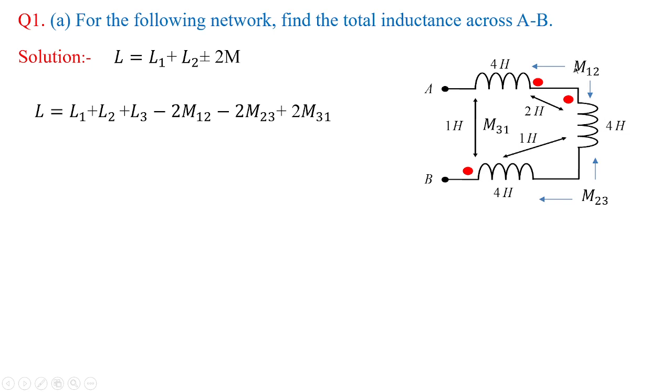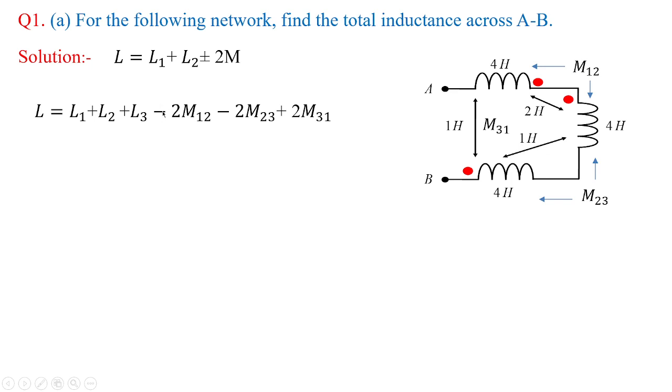Individually with coil 2, the mutual inductance will be the same M. That's why it is taken as minus 2M. Why minus? Because both the dots are opposite to each other. That's why minus. So minus M1 minus M1 results in minus 2M12.